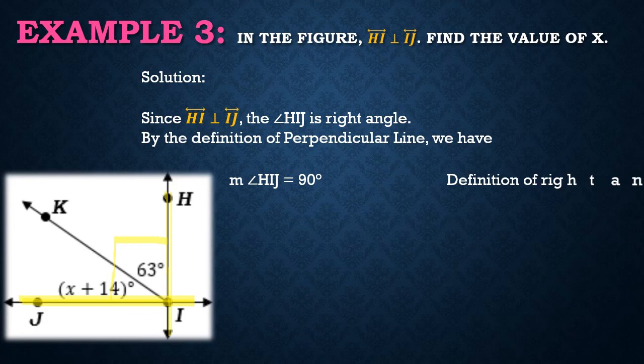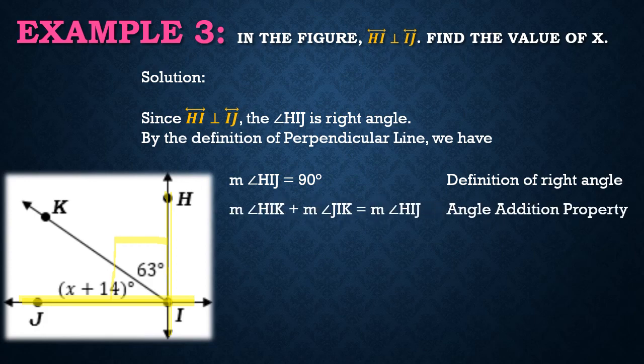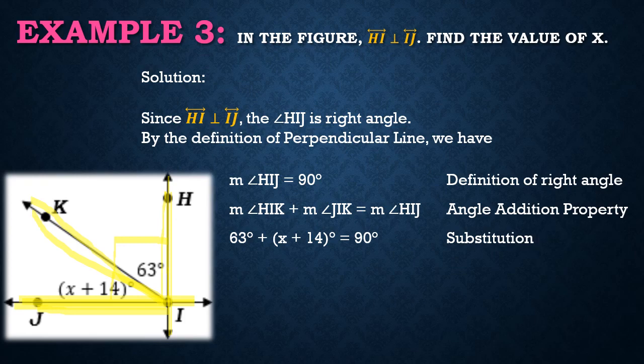Now, we are going to solve for the value of x. So the measure of angle HIJ is 90 degrees. Right? Because when we say right, that is 90. And the measure of HIK and the measure of JIK is equal to the measure of angle HIJ. So we just need to add the two angles.